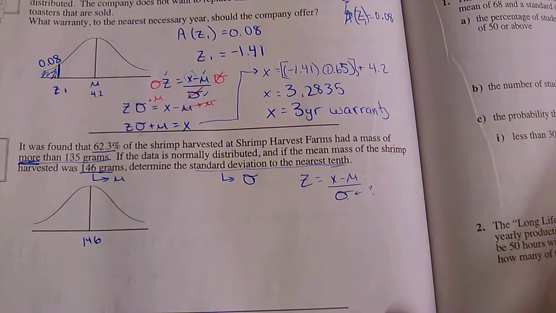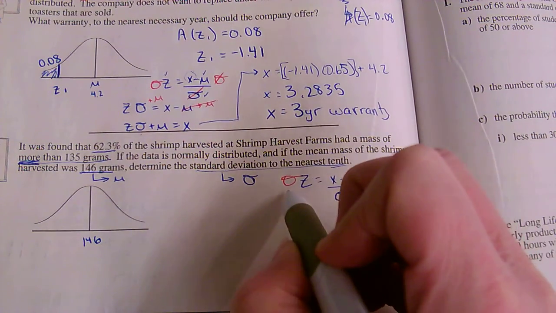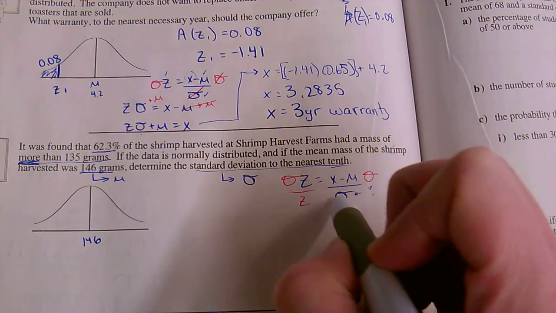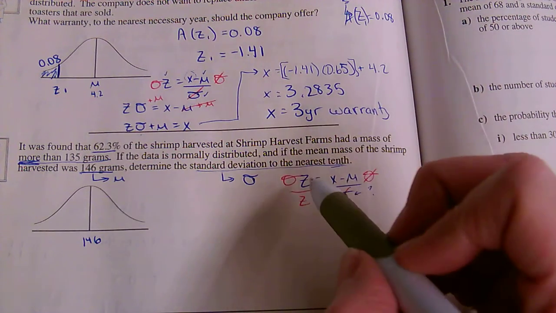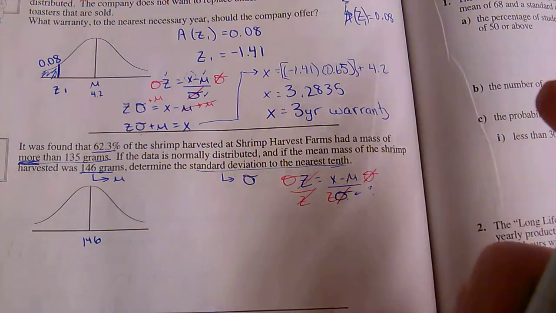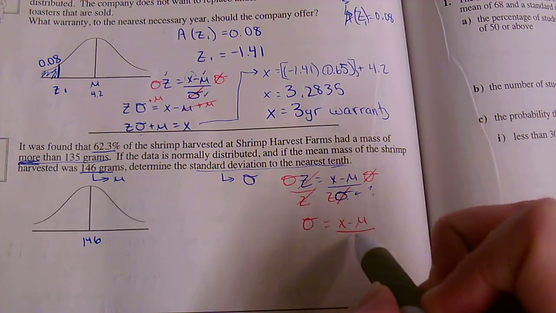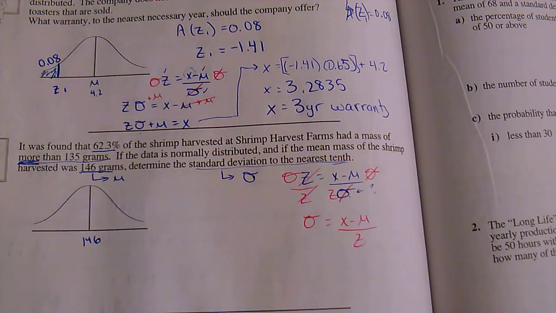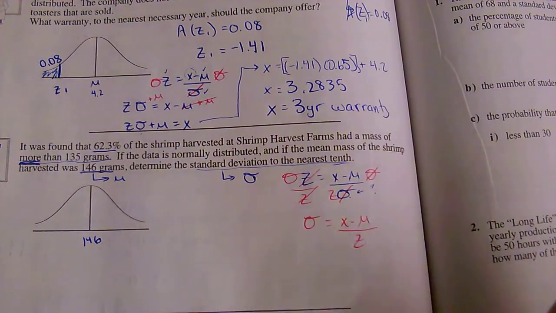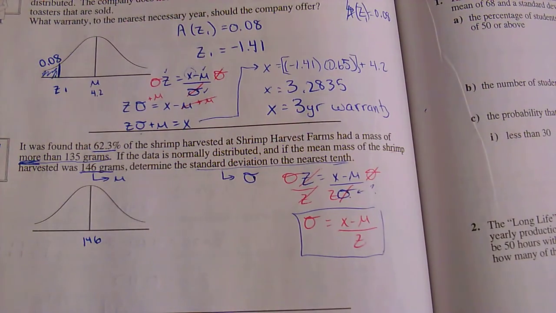Essentially the actual math behind it, you would multiply both sides by sigma, divide both sides by z, and so sigma over sigma is equal to 1, z over z is equal to 1, so then we're left with a simplified equation of x minus mu divided by z. So that's the equation that I'm going to use to help solve this.